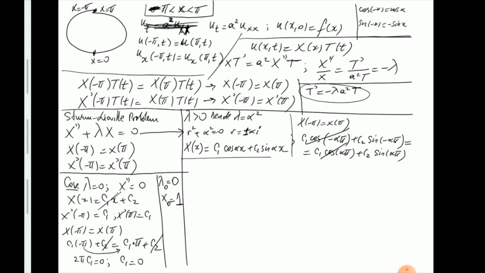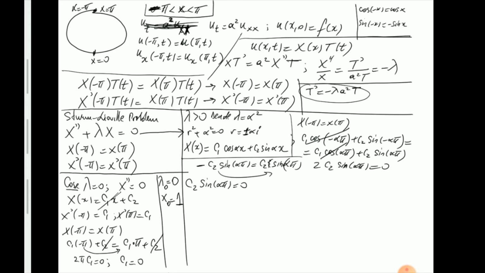In the remaining ones, you can pull the minus out and move everything to one side, and you get 2 c2 sine of alpha pi equals 0. That is, c2 sine of alpha pi equals 0.